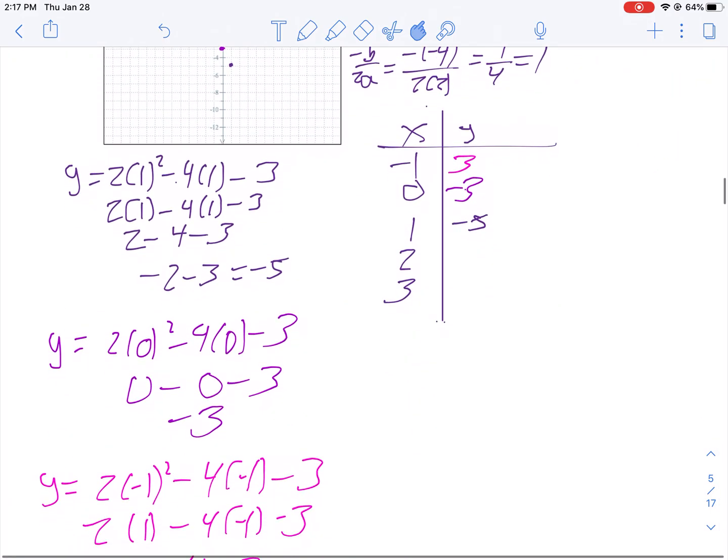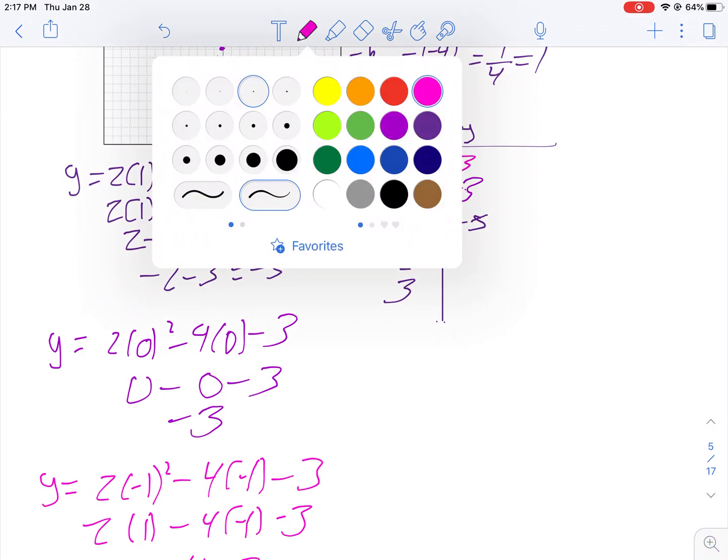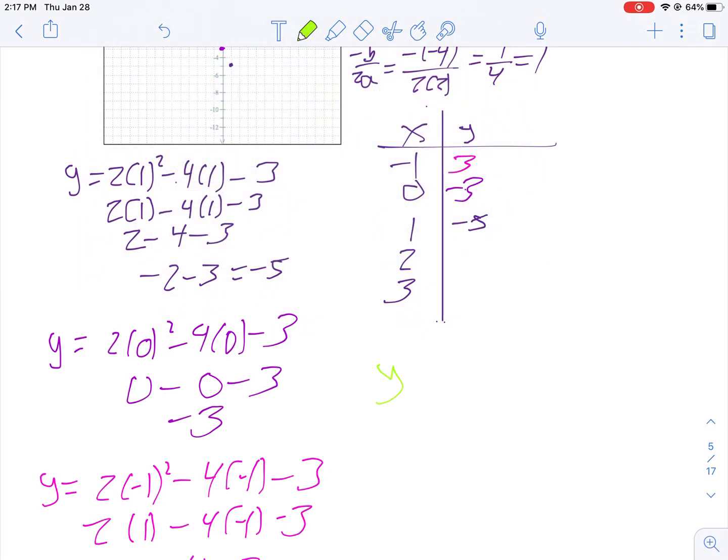Okay, let's do another one. Let's do when x is 2. So we'll do y equals, that green's kind of hard to see. I'm going to change it to a darker color. We'll go y equals 2 times 2 squared minus 4 times 2 minus 3.